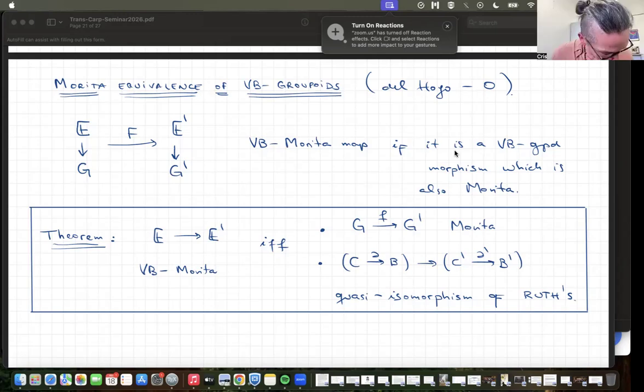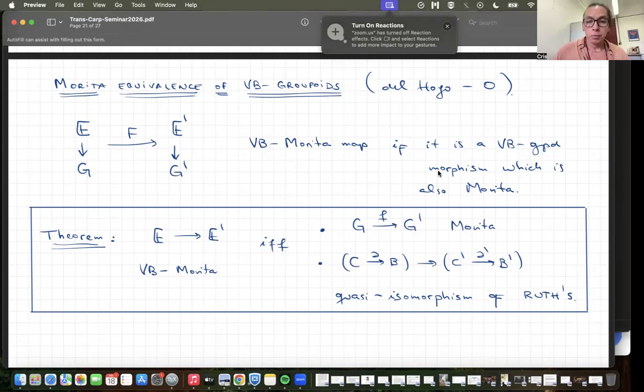Yeah, exactly. So I will go into this point in a couple of minutes because I want to show you examples of Morita invariants, and one of the Morita invariants will be precisely the one that you had. Great, thanks. Okay, thanks. Good, sure.